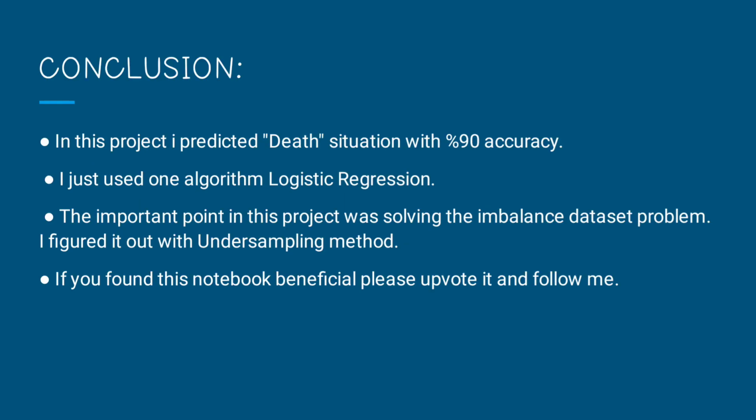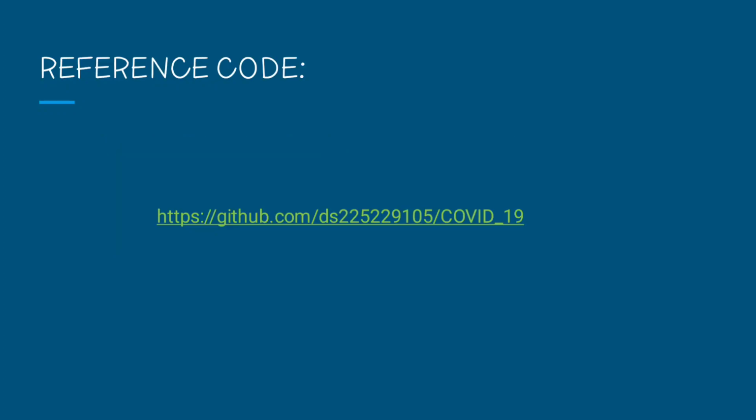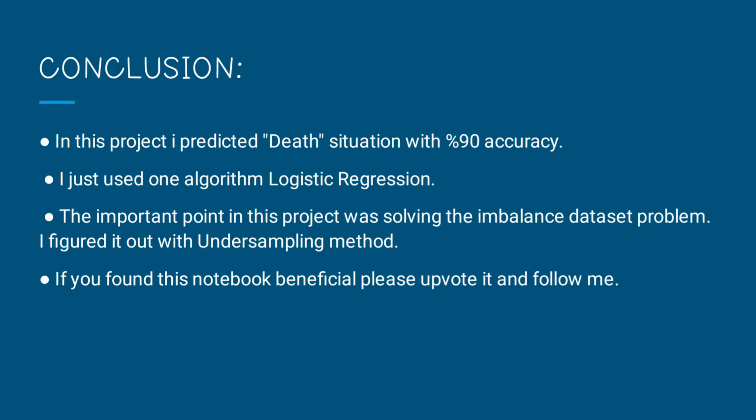Next, we see the conclusion of this project. In this project, I predicted with 90% accuracy. I used only one algorithm, logistic regression. An important point in this project is solving the imbalanced data set problem, and I also figured out the undersampling method.